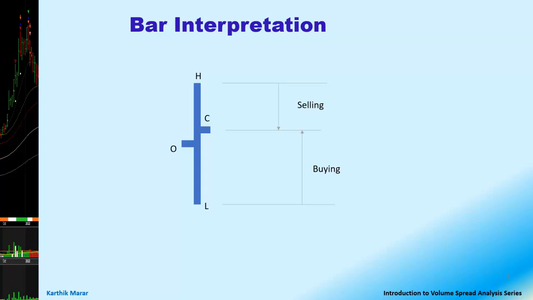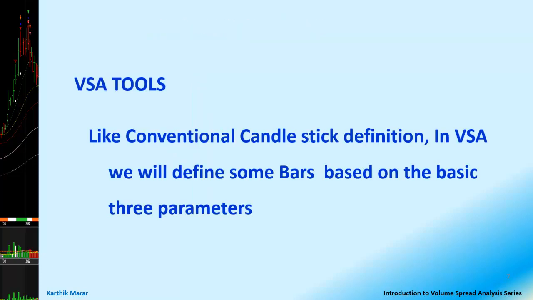Let's move on to the VSA tools. Like conventional candlestick definitions, in VSA we will define some bars based on the three basic parameters, namely the close, spread, and the volume. In candlestick analysis, we define certain candle patterns, giving names like doji, hanging man, etc., and we interpret them as bullish or bearish.